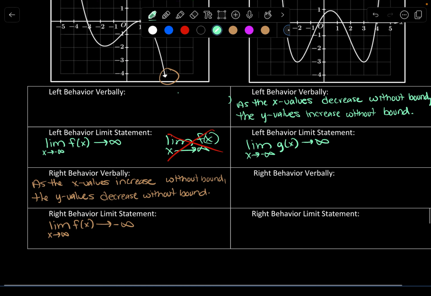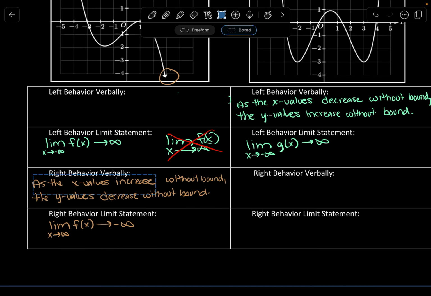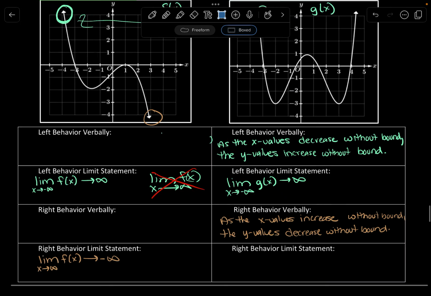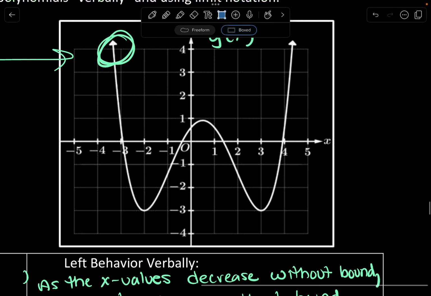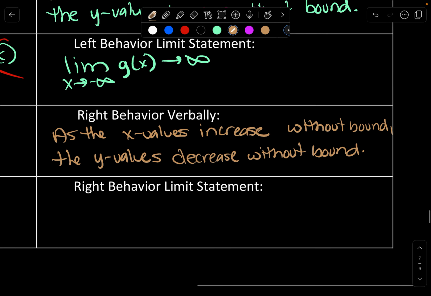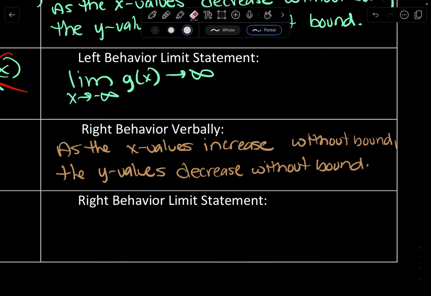The right behavior, I'm going to go ahead and copy this. Well, not copy, I guess I'm cutting, and I'm moving it over here, and then I'll change it as we need to. So if we look at the graph, as the x values increase without bound, the y values also increase without bound, okay? So I'm going to have to change this to increase.